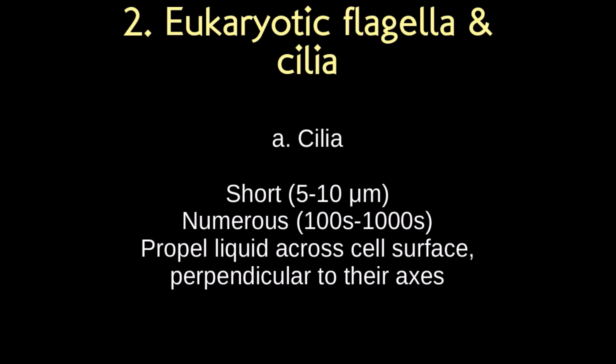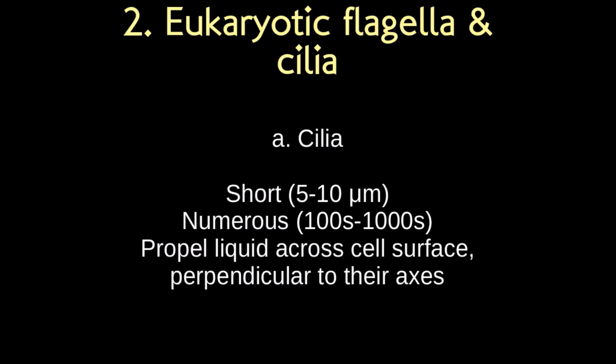Then we also have cilia. Cilia are somewhat similar to flagella, especially structurally, but they tend to be shorter, only 5 to 10 micrometers, and we tend to have very, very many cilia.